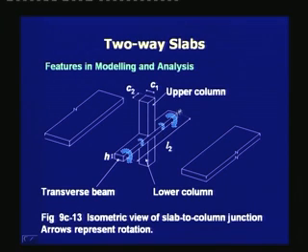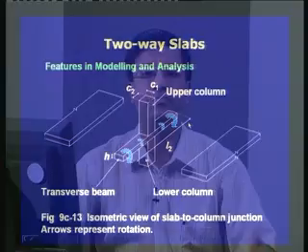As we are moving out from the columns, the rotation increases. Thus, the flexibility in the slab is more away from the columns than closer to the columns. To account for this increased flexibility as we move out from the columns, an equivalent column is defined in place of the actual column.